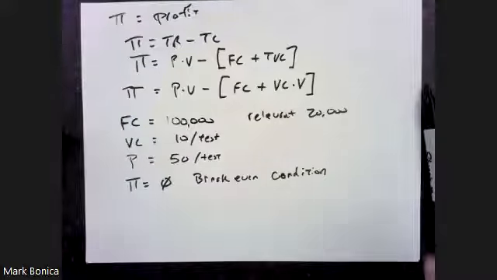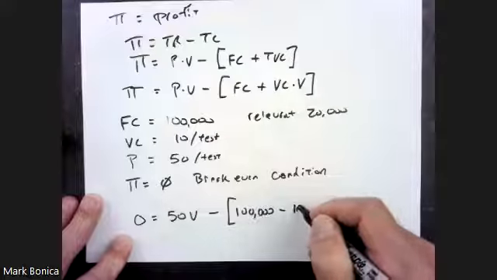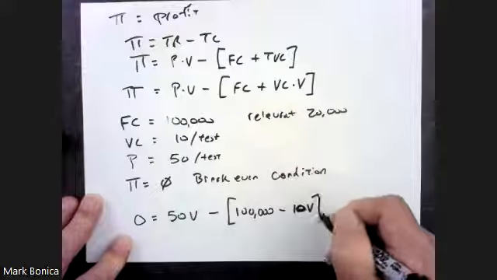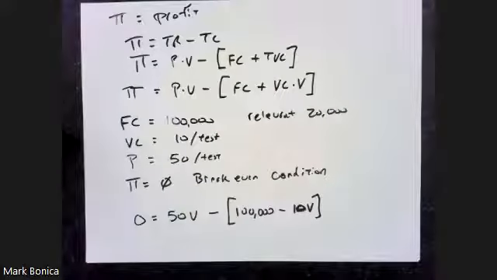We're trying to calculate volume, so we leave volume as a variable. Minus the fixed cost of 100,000. We know that the variable cost per test is 10. So that's the setup. Now we just solve for V.